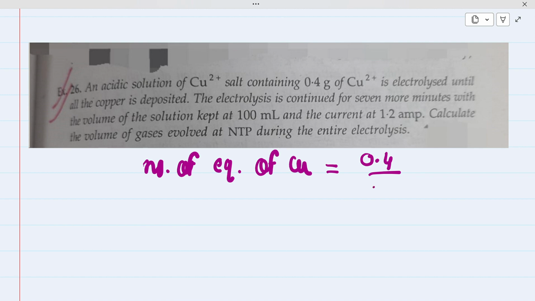The equivalent weight of copper is 31.75 gram. So these are the number of equivalents of copper that will be deposited on cathode.